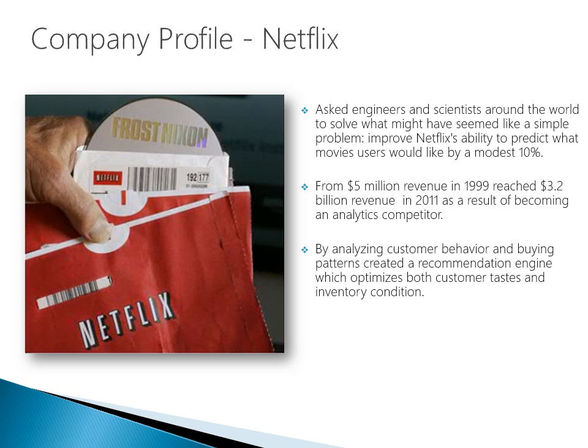By analyzing their customer behavior and buying patterns, they created a recommendation engine which not only helps customers find content that they like, but it's actually used in the operational aspects of Netflix's operations. So optimizing their inventory and making sure that they have the right stock of products on hand to meet their demand, they are all drawing from predictive analytics techniques.